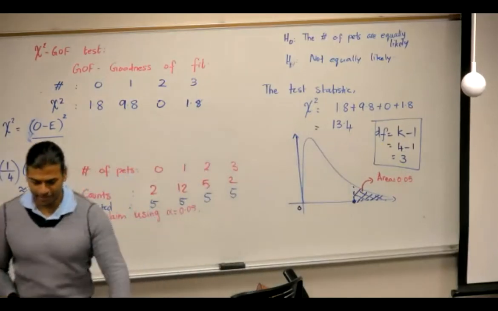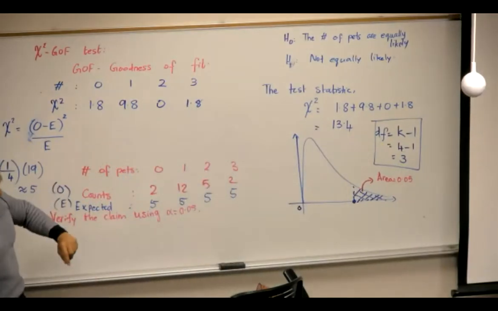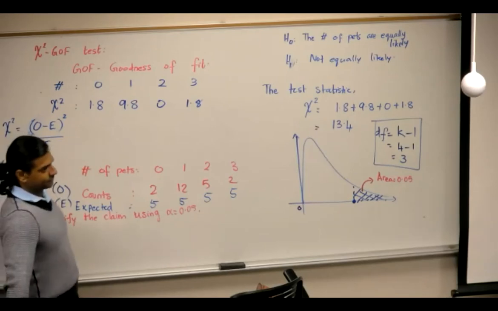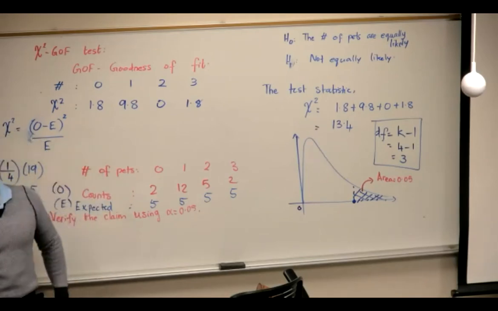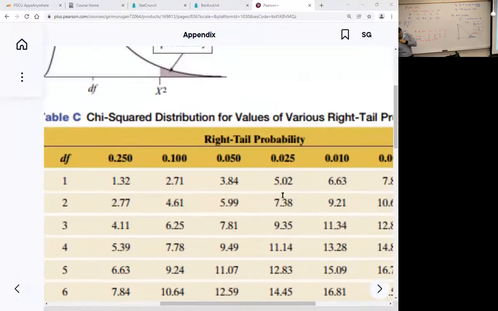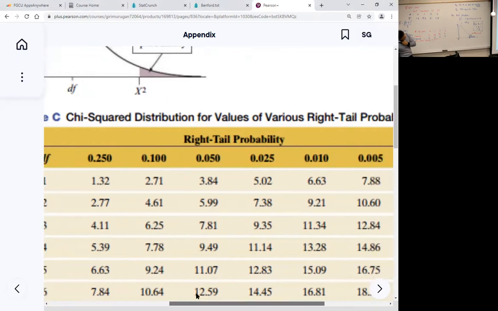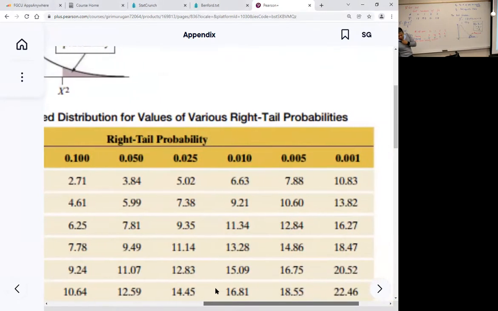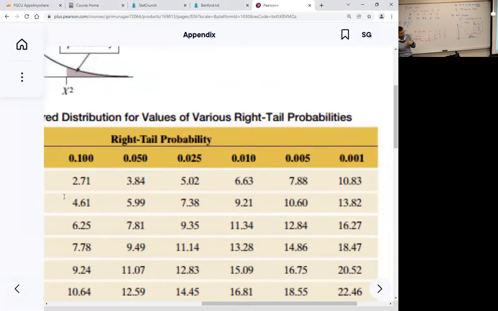I have the degrees of freedom, and I know the alpha value, so how do I find the critical value? We use the table. The degrees of freedom is 3, and we go to 0.05 because the value of alpha is 0.05, which is simply the area of the rejection region.